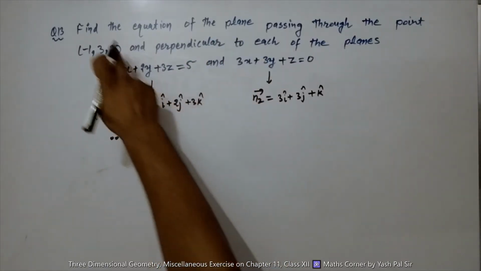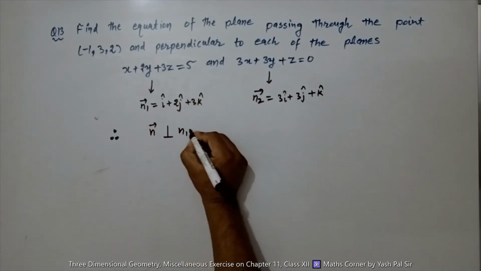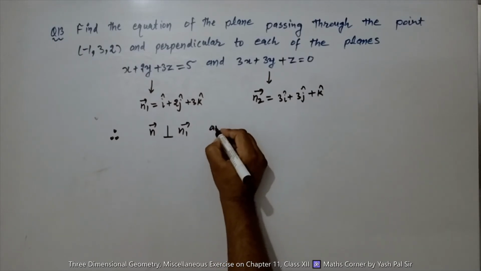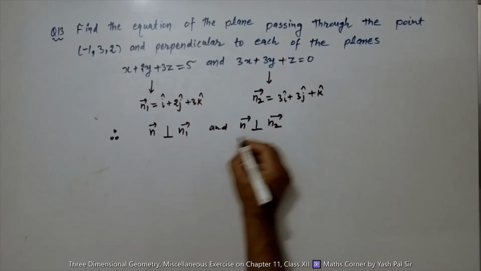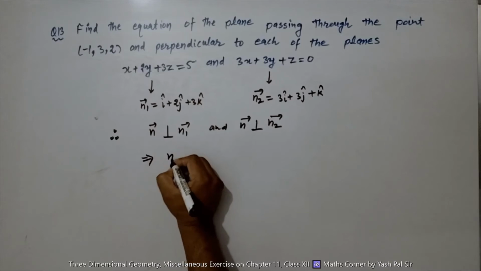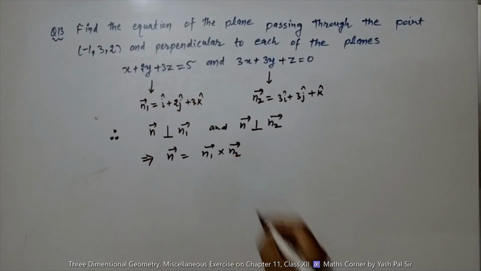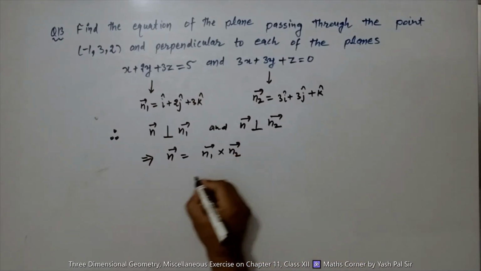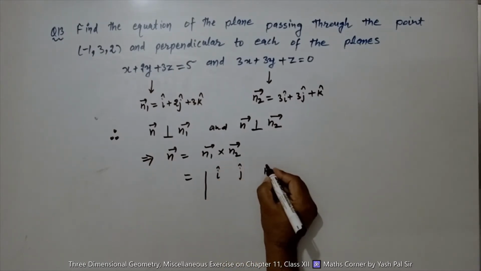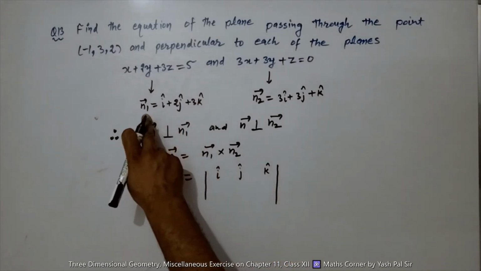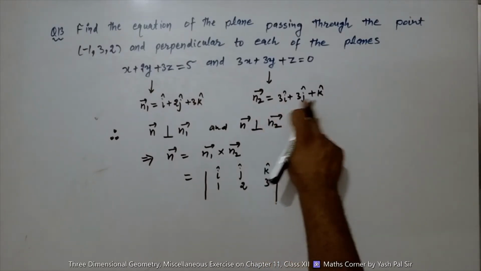Therefore, any third plane which is perpendicular to n1 and n is also perpendicular to n2 implies vector n is equal to n1 cross n2. Now we know how to find the cross product. We write i, j, k. Scalar components of n1 are 1, 2, 3.